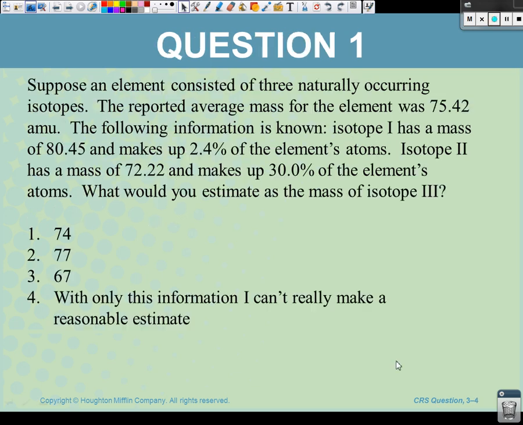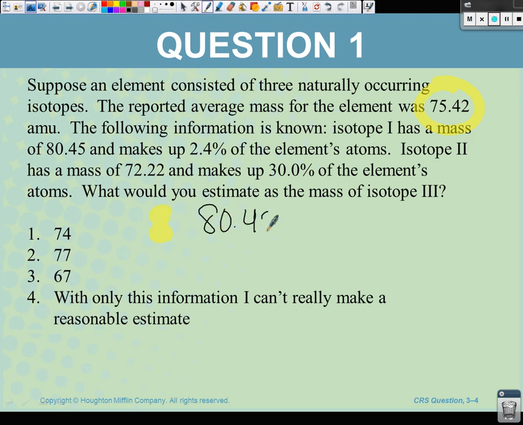Let's go back and look at the question. All right, so this was the average, right? The two masses they give us are 80.45 and 72.22. Our average is 75. Okay, well this is only 2%.